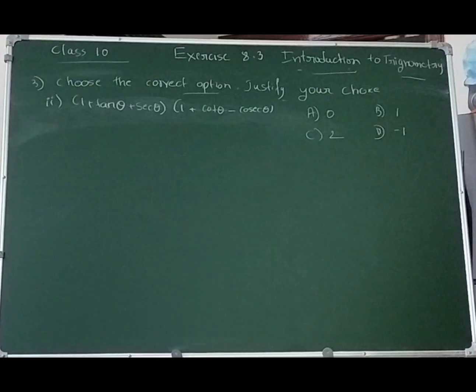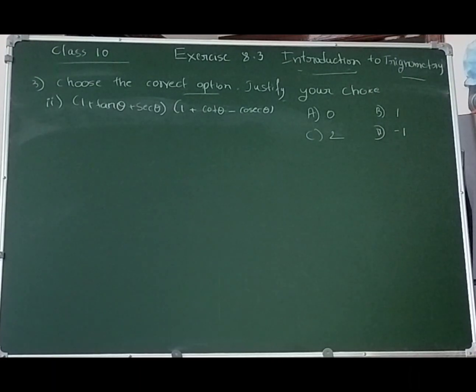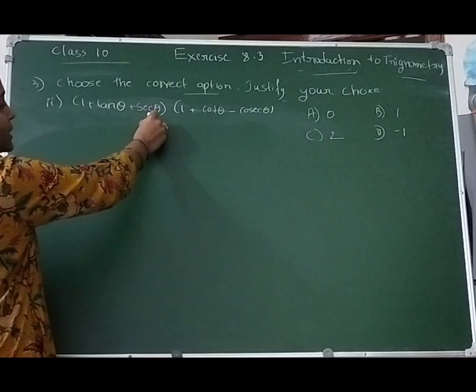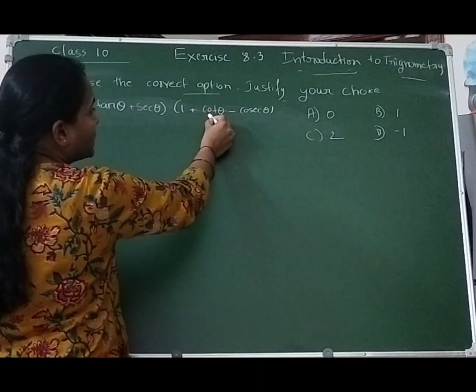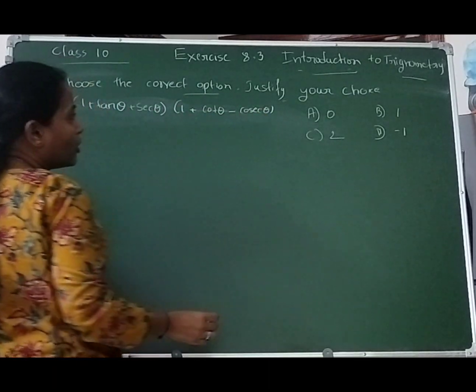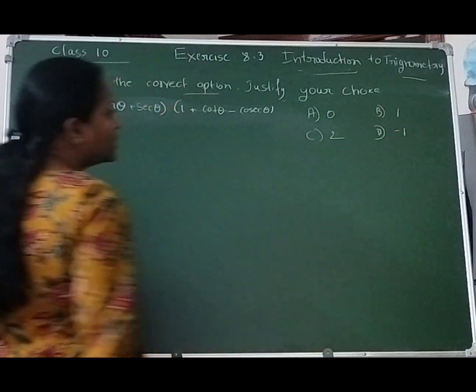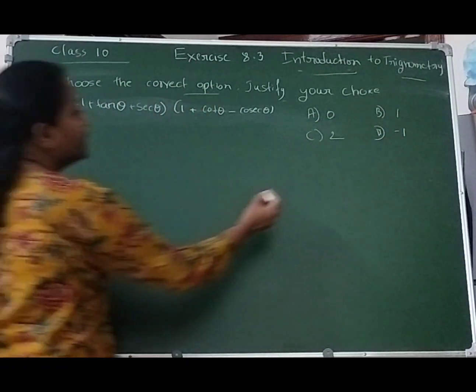Next we'll move on to the second sub-question, that is, 1 plus tan theta plus secant theta into 1 plus cot theta minus cosecant theta. We have the options 0, 1, 2 and minus 1. We'll solve to find which option is right here.